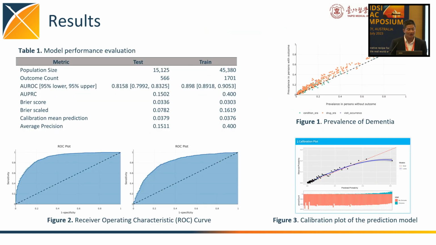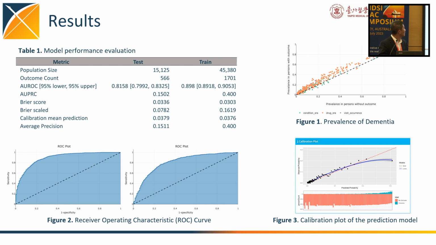And this is our model performance evaluation. Here, we can see the AUC is around 0.89 for the training dataset, and for the testing dataset, the AUC is around 0.81.